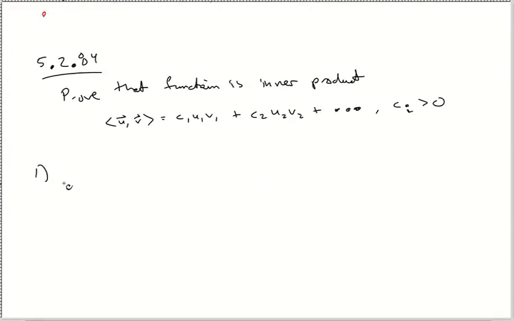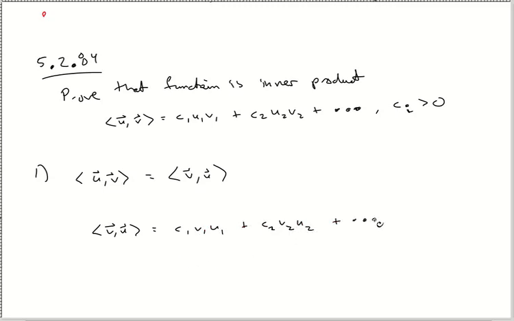Okay. So first off, I want to see if UV is equal to VU. Now, you don't have to write this, but that's just a reminder for me to say, this is what I want. So I'm going to start with VU and go backwards if that's okay. And so then that would be C1 V1 U1 plus C2 V2 U2 plus and so on. And so I can rewrite it because scalars are commutative across multiplication.